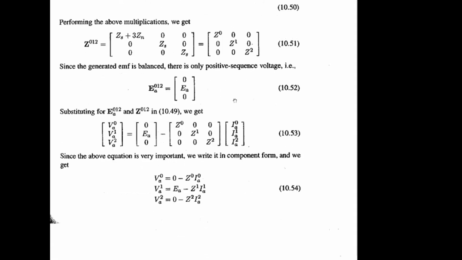To be concise, that solution is only for positive sequence, but you have not solved the negative or zero sequence. From now on, you have to include the other two, zero and negative sequence, without having the source information.